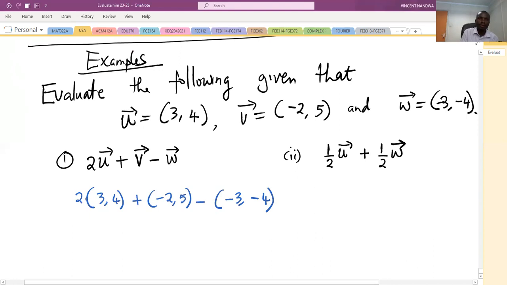Scalar multiplication: the 2 multiplies every number in this vector. We'll have 2 by 3 is 6, 2 by 4 is 8, and then plus (-2, 5), minus (-3, -4).